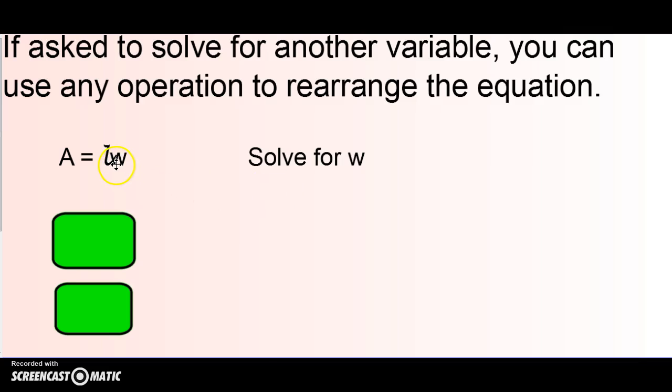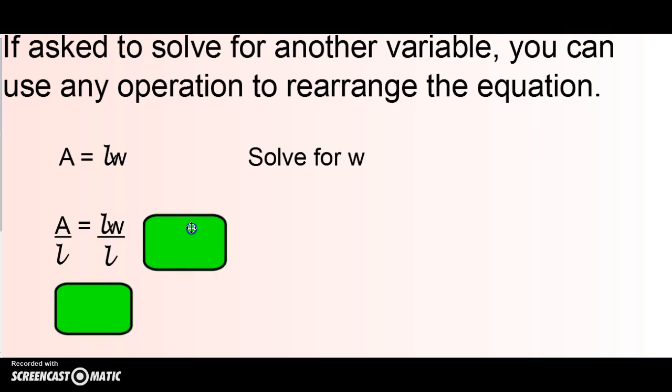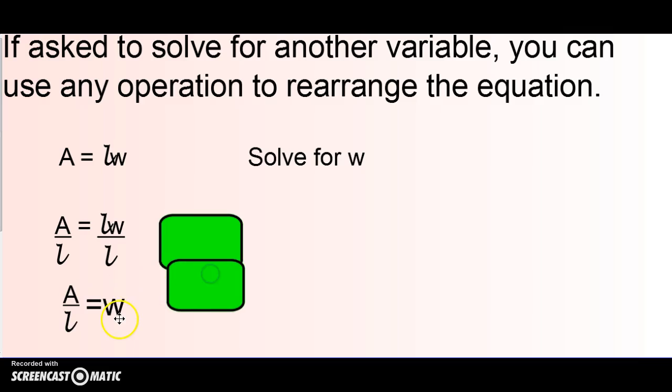So you would process that thinking, I want to get W alone. So to get W alone, I need to divide both sides by length. And then on this side, the lengths will cross out, and you'll have W alone. So your final answer would be your width equals the area divided by length.